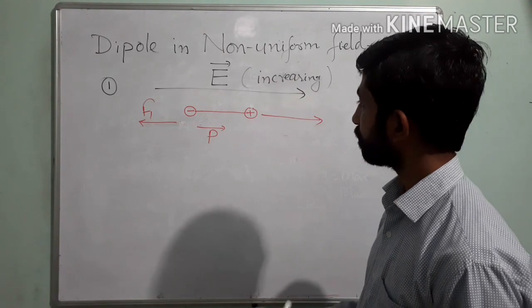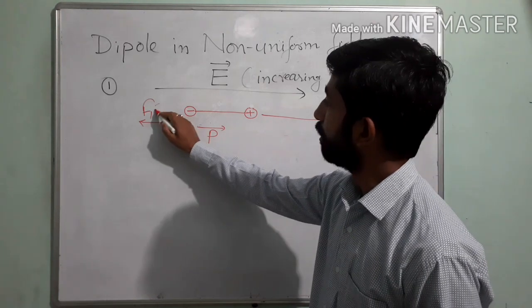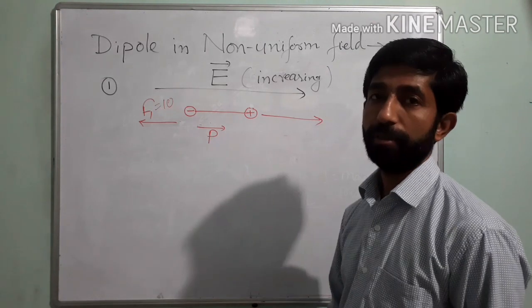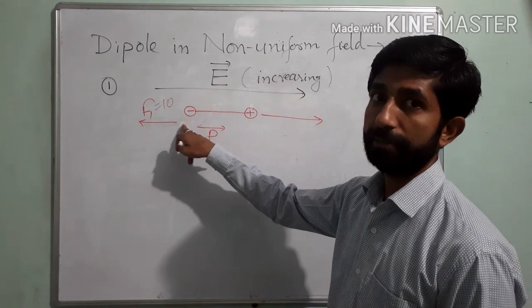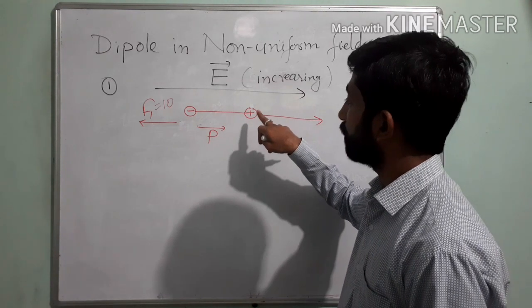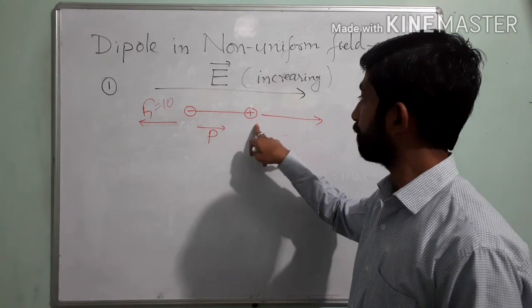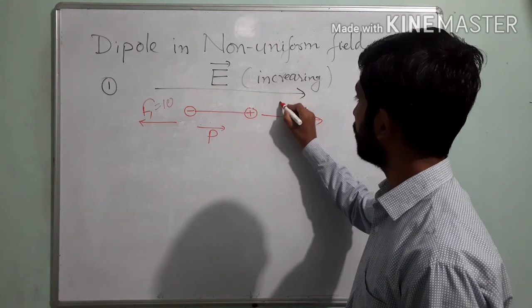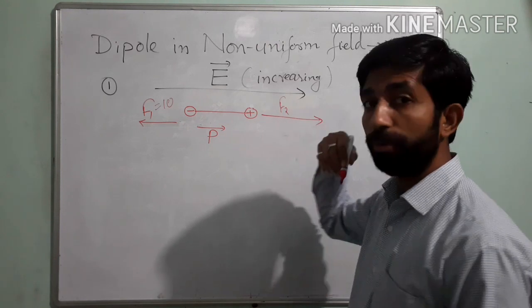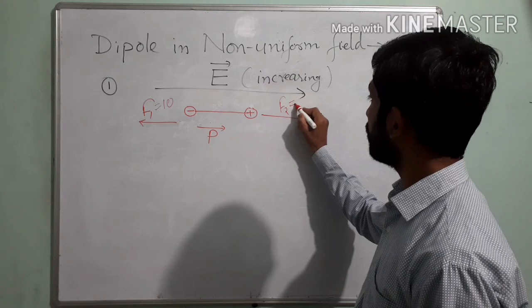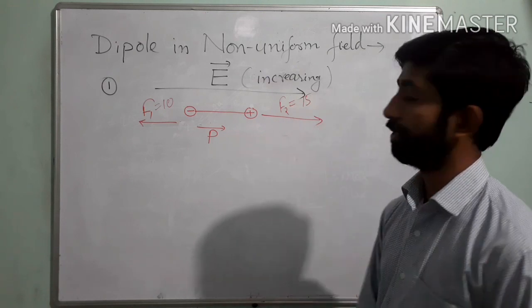See how? If the force acting on this negative charge is 10 Newton, the field being larger at this position, the force F2 on this charge will be more than 10. I'll say it is 15 Newton.